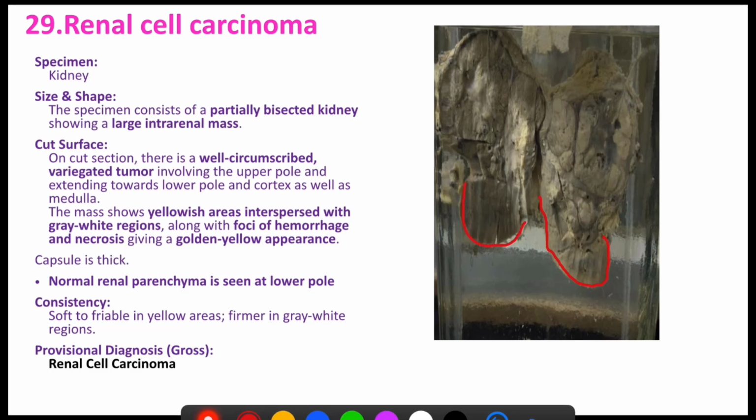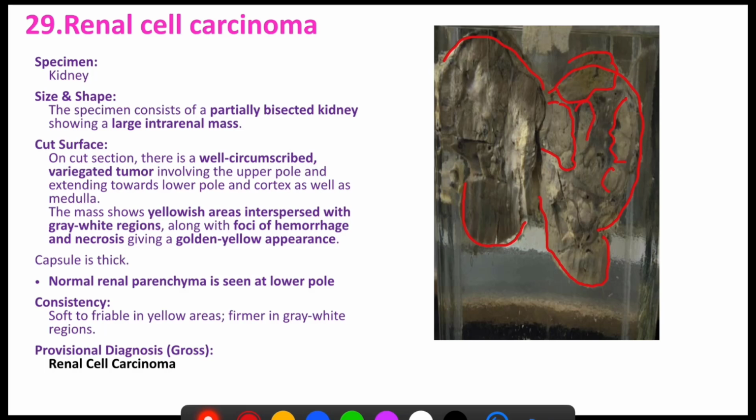Here the upper part is abnormal. You can appreciate this is the already cut open or bisected kidney where the upper pole shows this type of yellowish golden colored growth. Right. So this is a malignant tumor in the kidney.